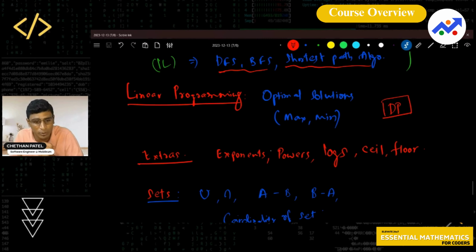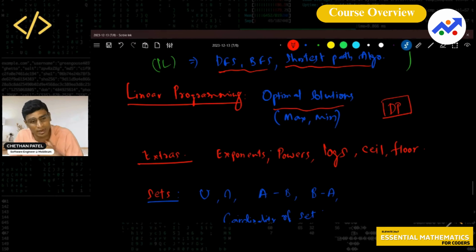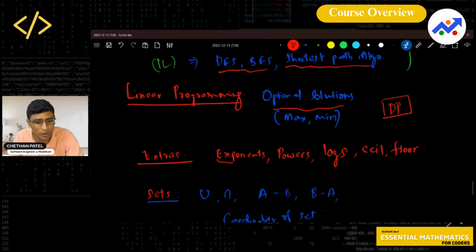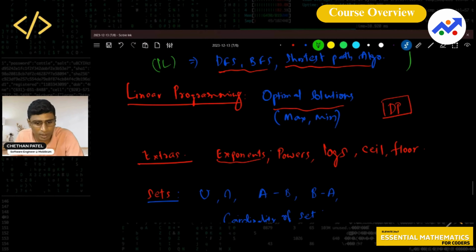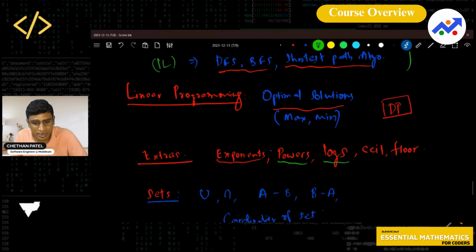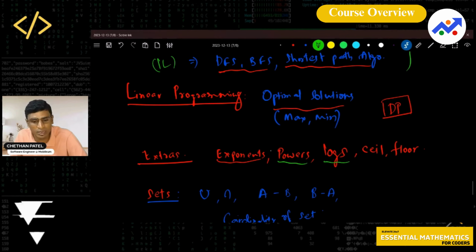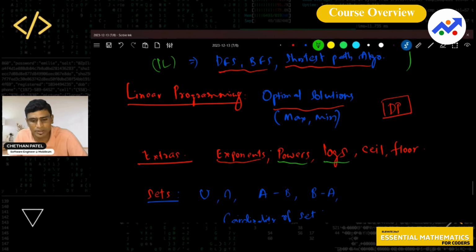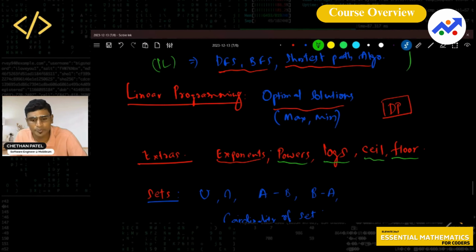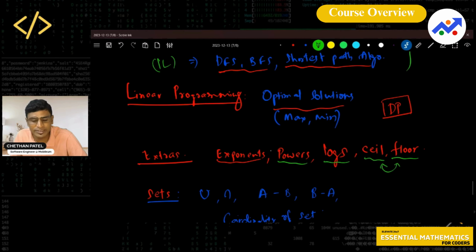So these topics we're going to learn, and at last we will also learn what are exponents and powers, how to calculate the powers. We will also learn about logs, and the ceil and floor functions, and the difference between these two.